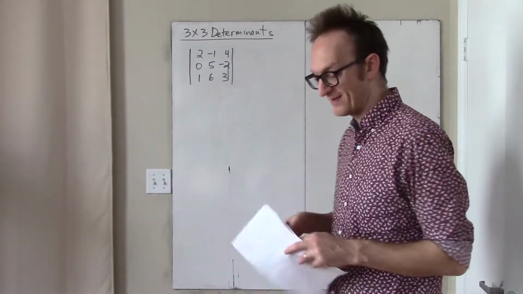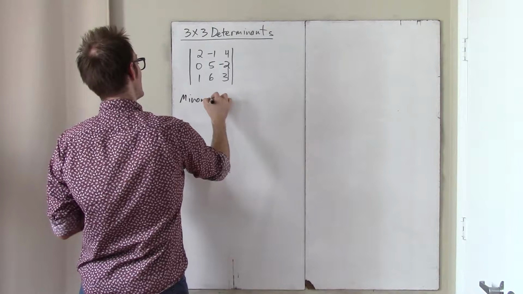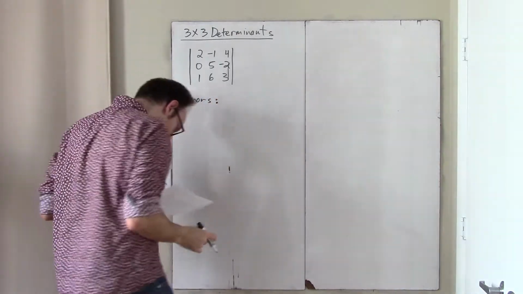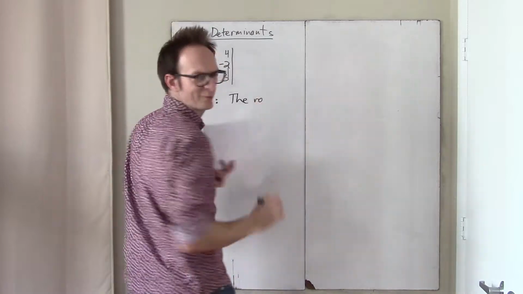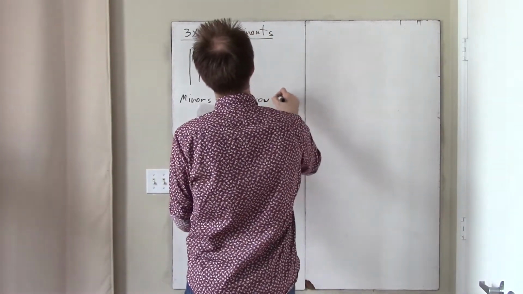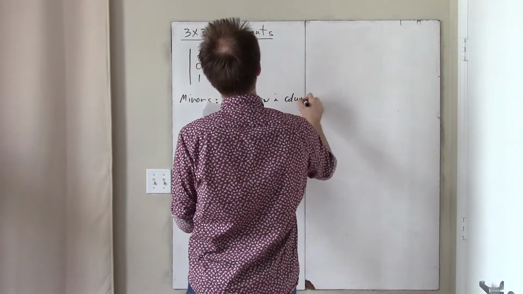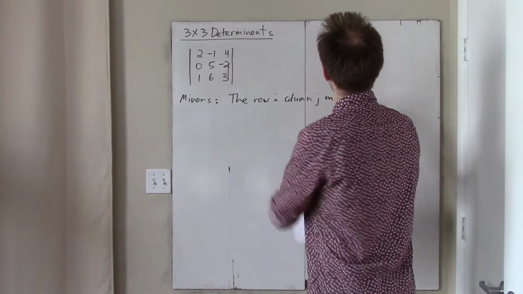First, I have to introduce a whole bunch of vocab. There are these things called minors. What is a minor? Well, the row i, column j minor, and please feel free to watch this on 1.5 or 2 times speed, that's what I'm defining right now.